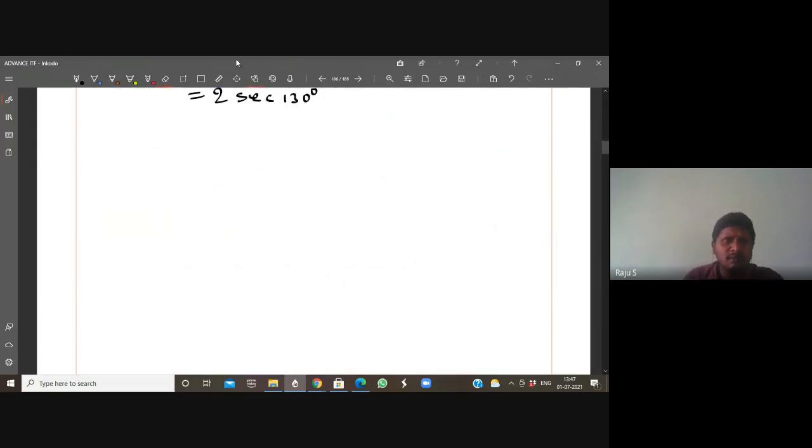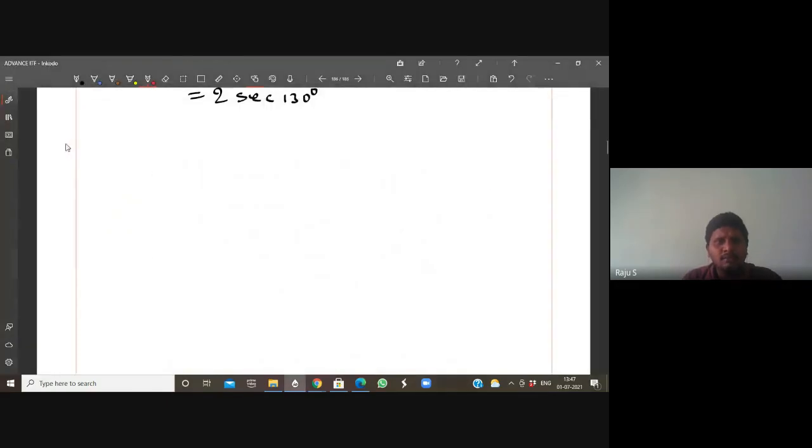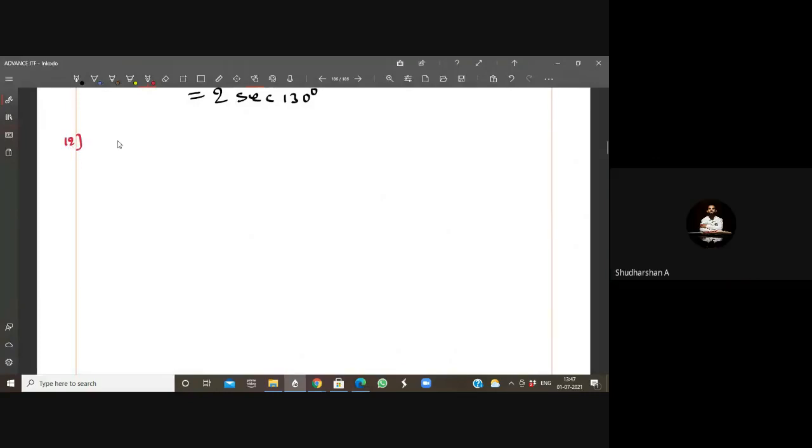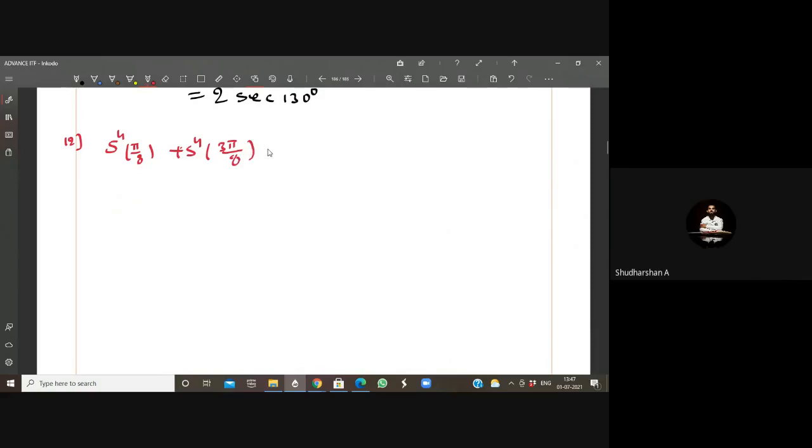It is also very easy only. Sine power 4 pi by 8 plus sine power 4 3 pi by 8 plus sine power 4 5 pi by 8 plus sine power 4 7 pi by 8.